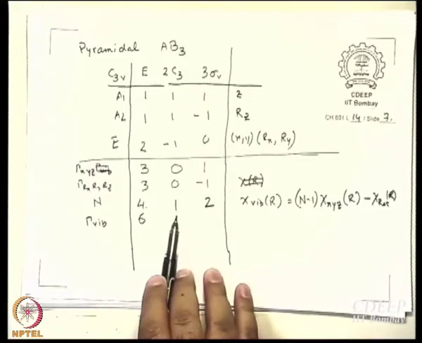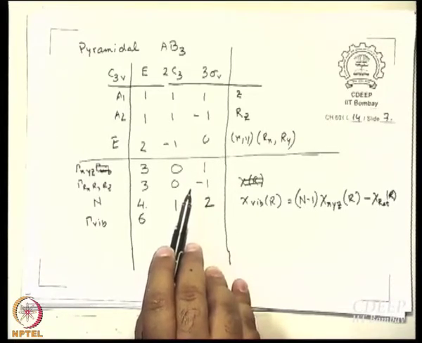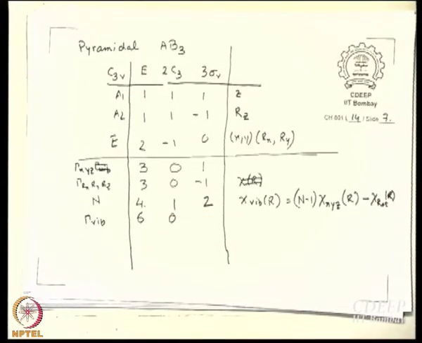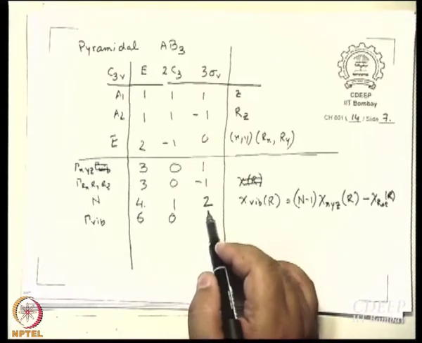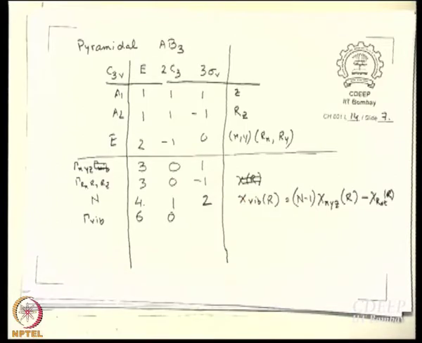So, 1 minus 1 is 0 anyway, 0 multiplied by 0 is 0 definitely, then 0. Then 2 minus 1 is 1, 1 into 1, 1, 1 minus minus 1, 2.